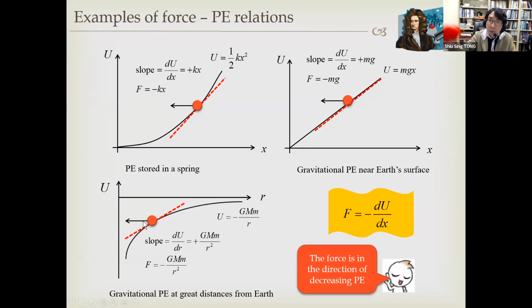If it's an apple, then the gravity force is always pulling it towards the center of the Earth. So remember this formula. The conservative force is equal to minus the spatial derivative of the potential energy. And it's always in the direction of decreasing potential energy.